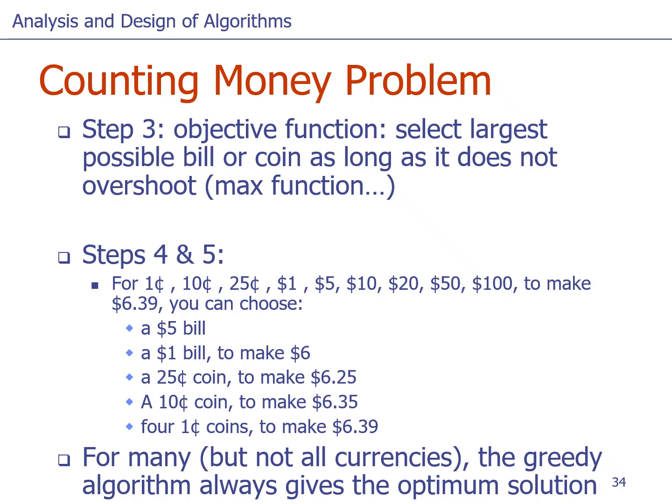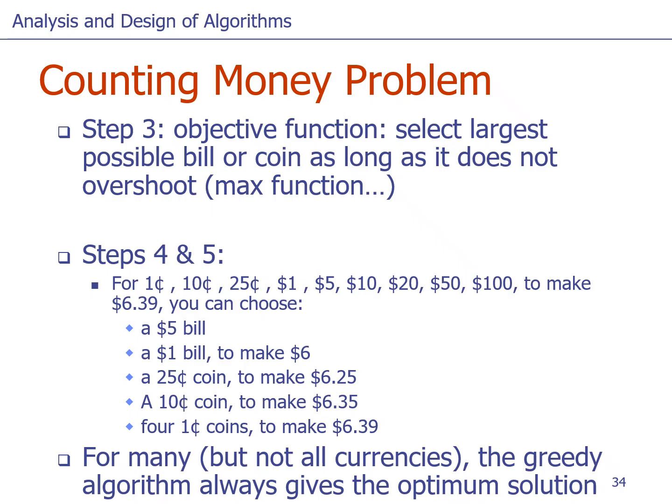Okay, so let's look at a run of this objective function on our monetary system. So let's say for the same US monetary system, we would like to make $6.39.